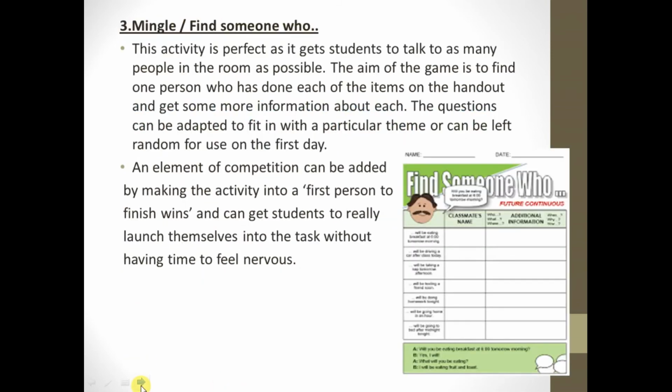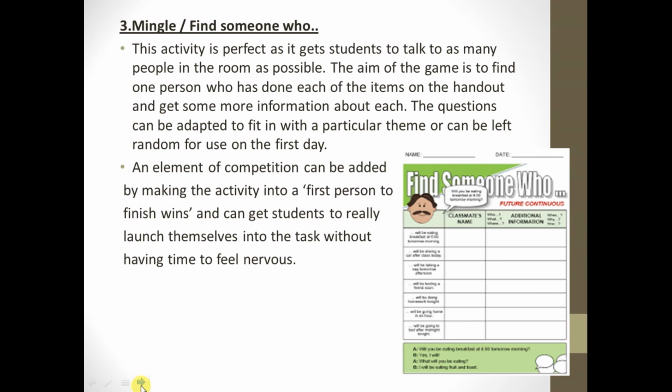Number 3, mingle. Find someone who. Mingle means to mix. So they have to mingle together. All students will have a handout.